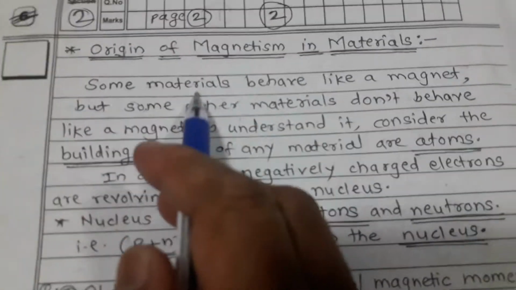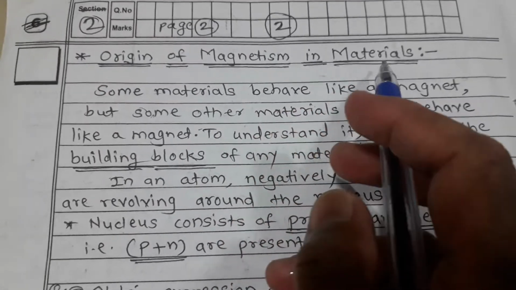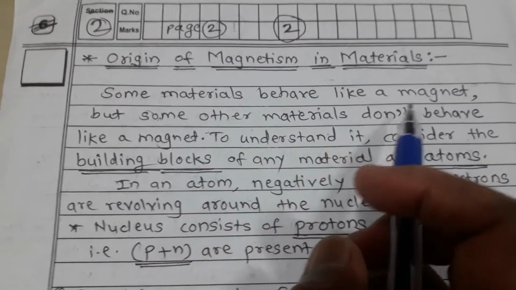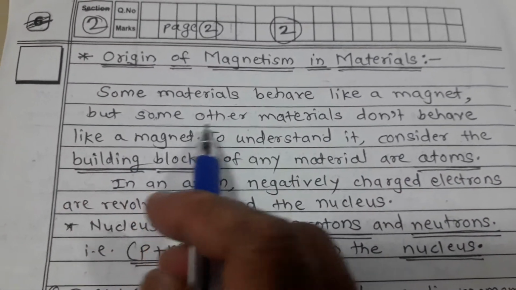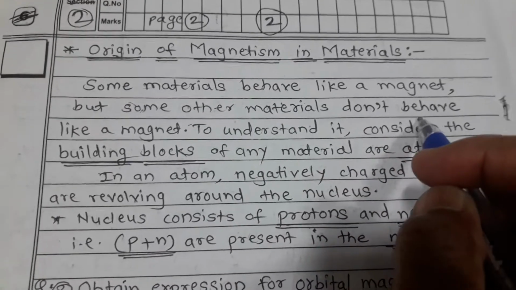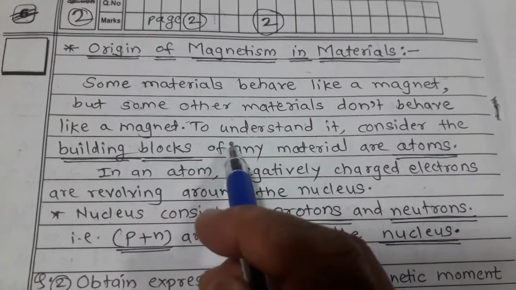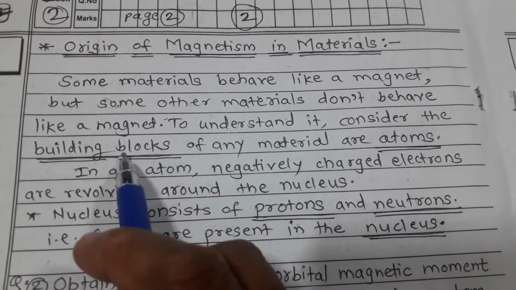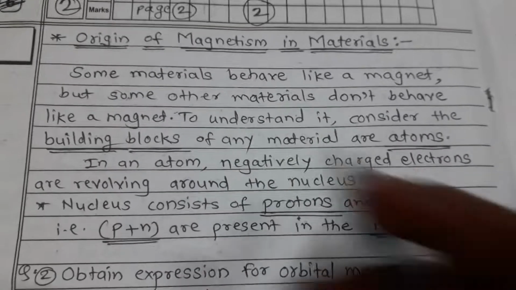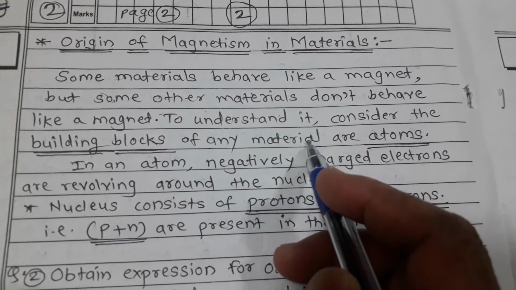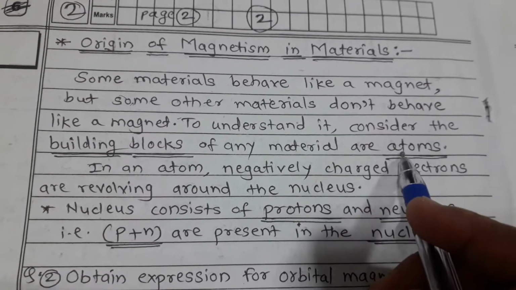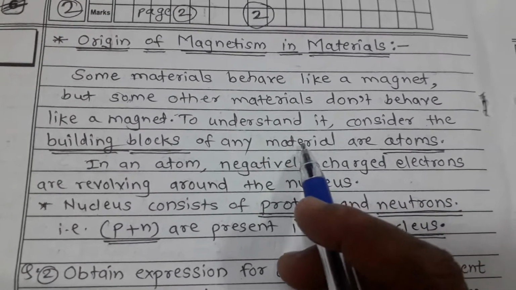See here. Next point, origin of magnetism in materials. Some materials behave like a magnet, but some other materials don't behave like a magnet. To understand it, consider the building blocks of any materials are atoms. That is, atoms are building blocks of any materials.